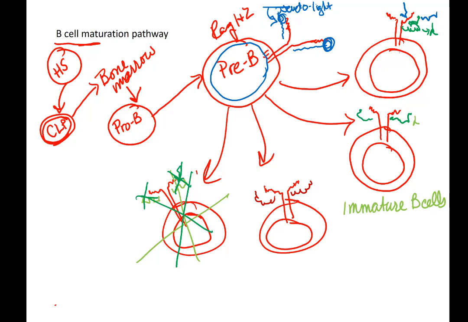So we can actually follow specific clones of antibody responses by looking at kappa or lambda. We can go in and check at the VDJ or the VJ recombination.